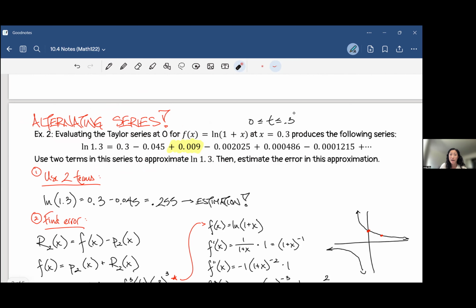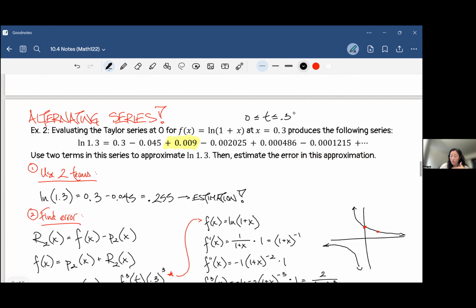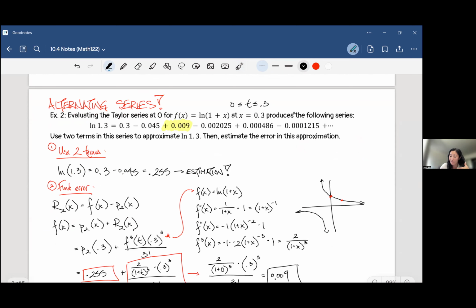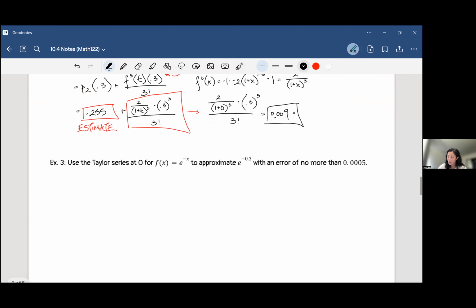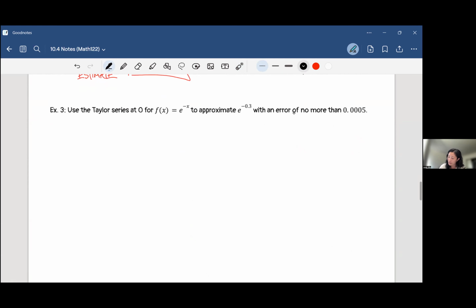Or if I wanted to use 5 terms in this alternating series, then my error would be the 1, 2, 3, 4, 5, 6th term. So this is a nice handy trick. I wanted us to go through it the long way again, but ultimately show that the answer was actually there the whole time. All right, let's do one more equation kind of like this one.